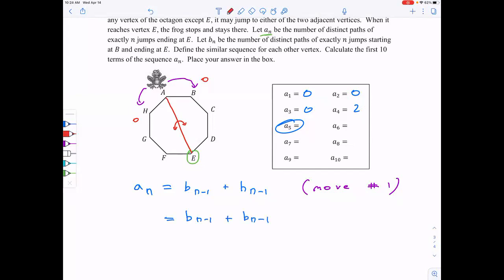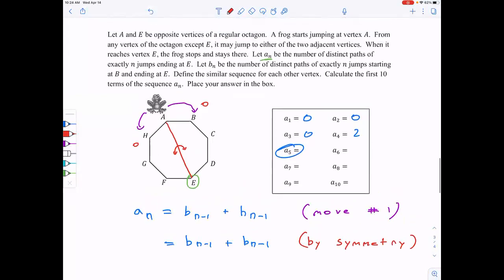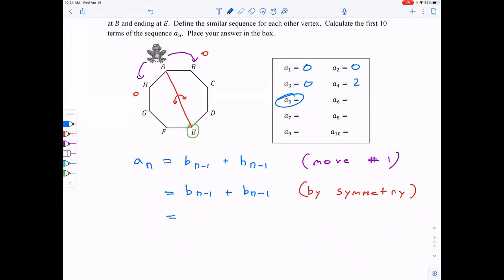And let's write this in red by our nice line of symmetry. So by symmetry. Okay, and then we can do ourselves one better and write this as twice B sub n minus 1. So that's a nice relationship to start out with. At least we've got A in terms of B. It's not really what we want to finish at, but it's a start.